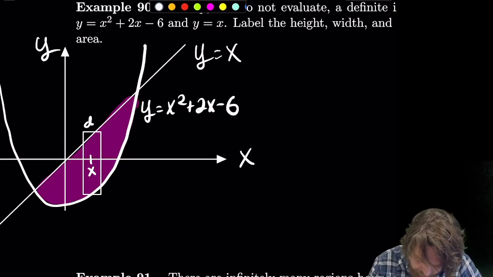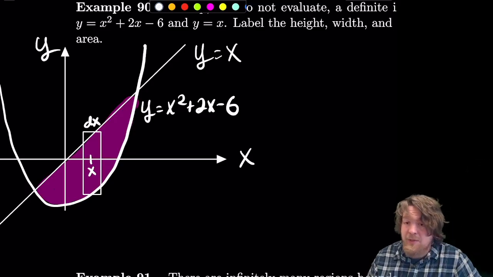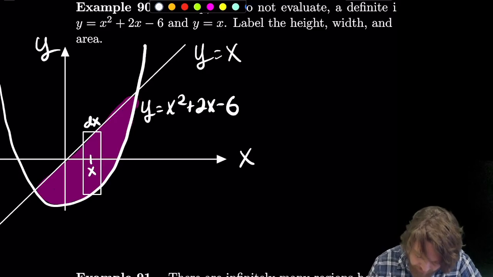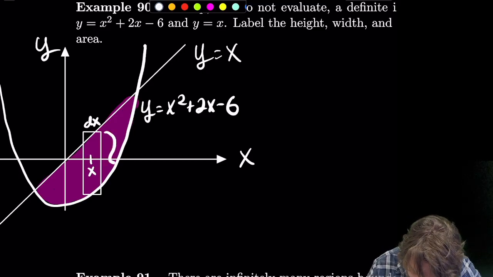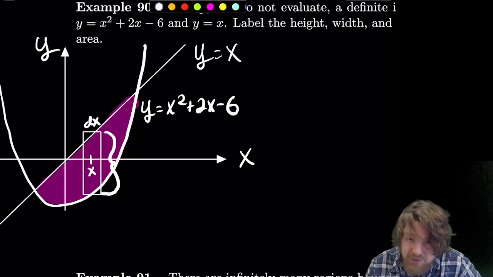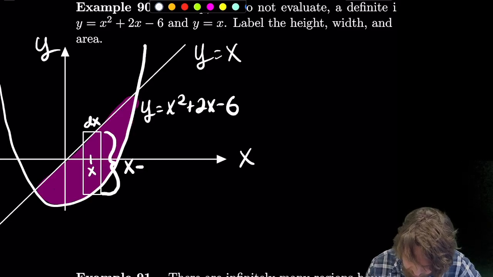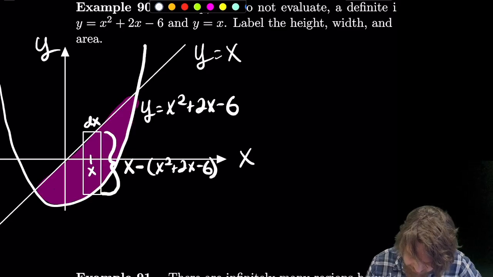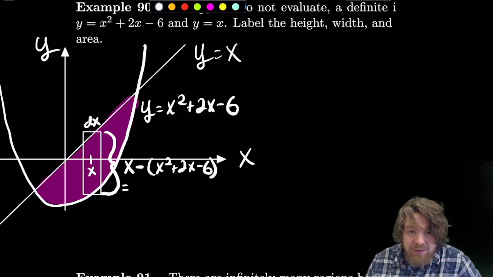So the width of my representative element of area is going to be dx in this case. The height, well, it's going to be the top curve, which in this case was y equals x, minus the bottom curve, which is x squared plus 2x minus 6. I believe we can simplify the height.